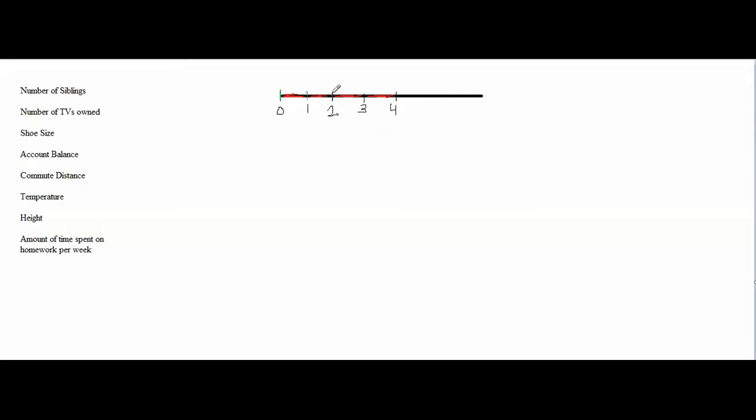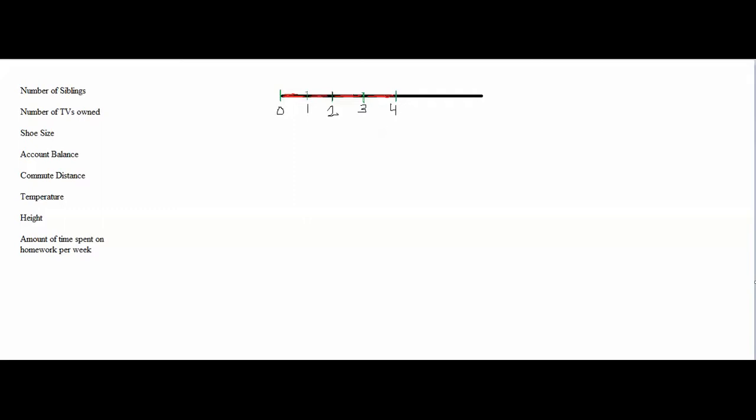So I'm going to mark off the areas where we can have values in green. So wherever we have a green place on the number line is where a person's value can fall on the number line. And we can see that number of siblings is discrete because we do have these red areas that are gaps in the number line in which there will never be any values. There will never be any values in any of these red areas.